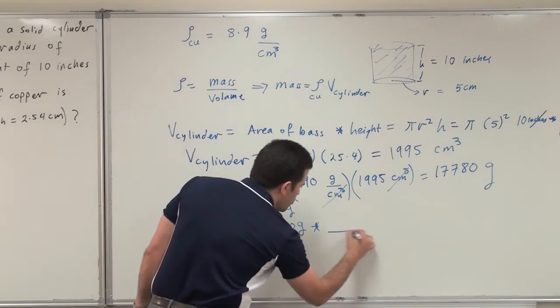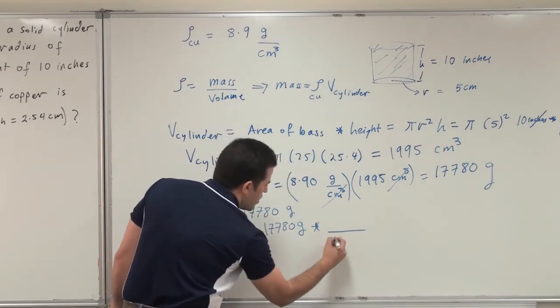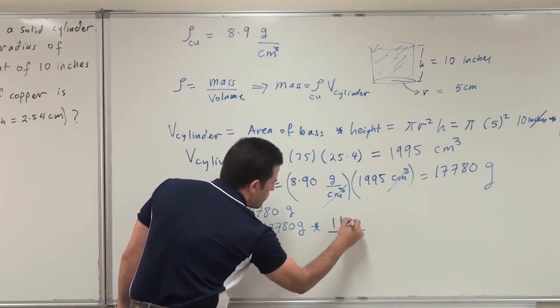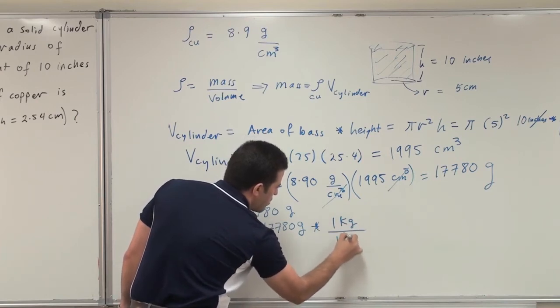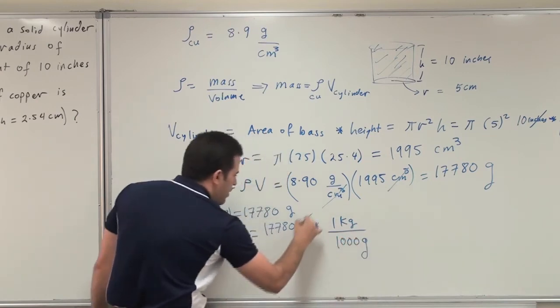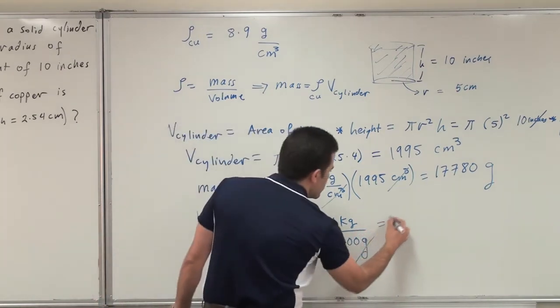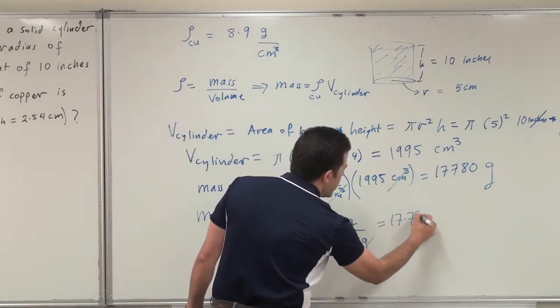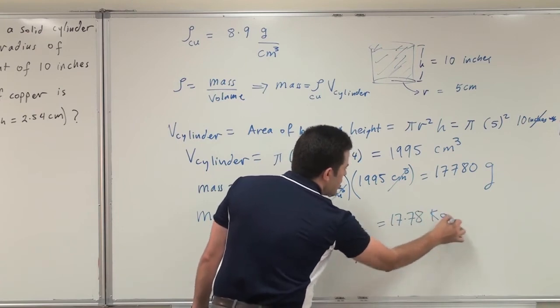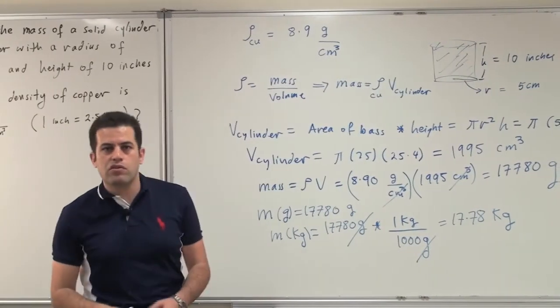So I need to substitute the grams here. Now I can cross the gram with the gram. So I'm left with kilograms, which is 17.78 kilograms. This is the mass of the cylinder, and this concludes the answer.